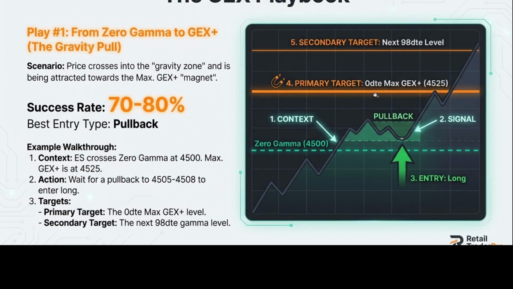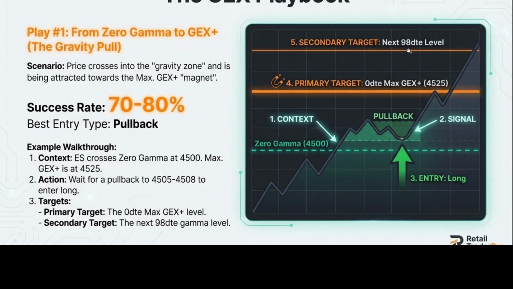Here we can take a close position, maybe as a primary target at the 0 DTE max positive gamma level, or as a secondary target, the 98 DTE levels.